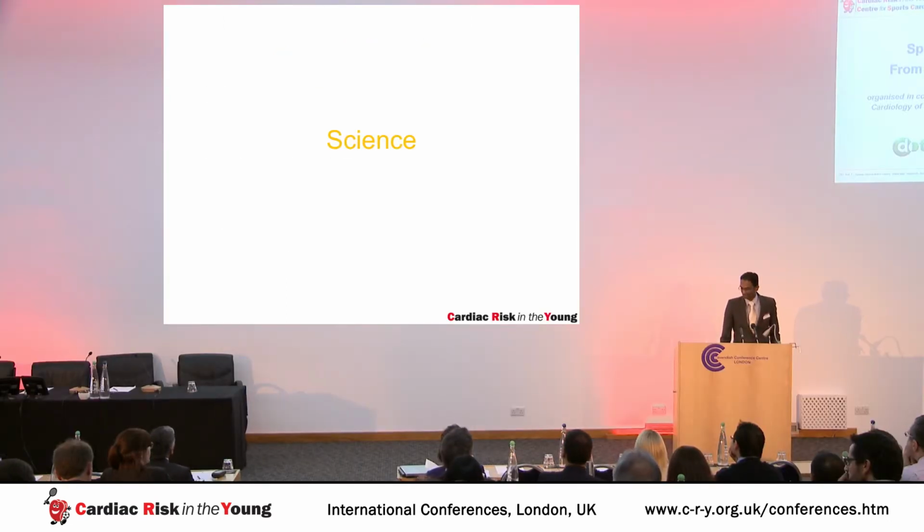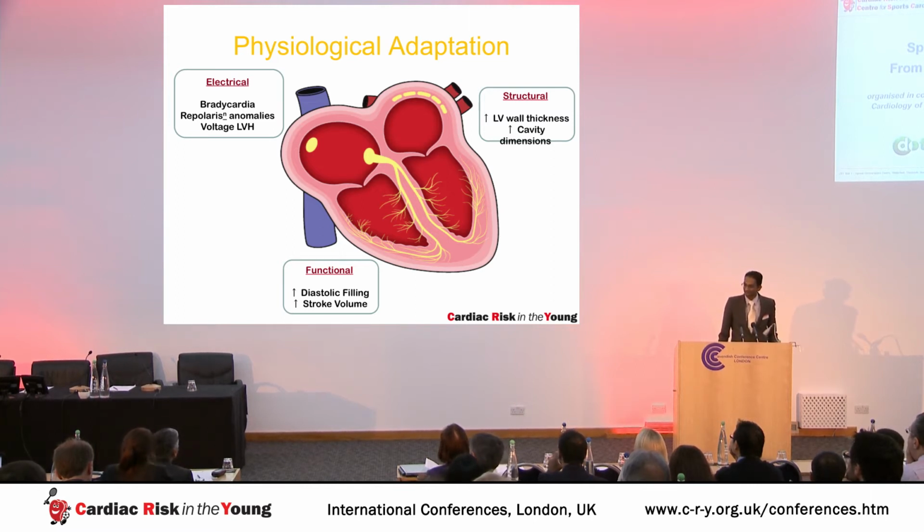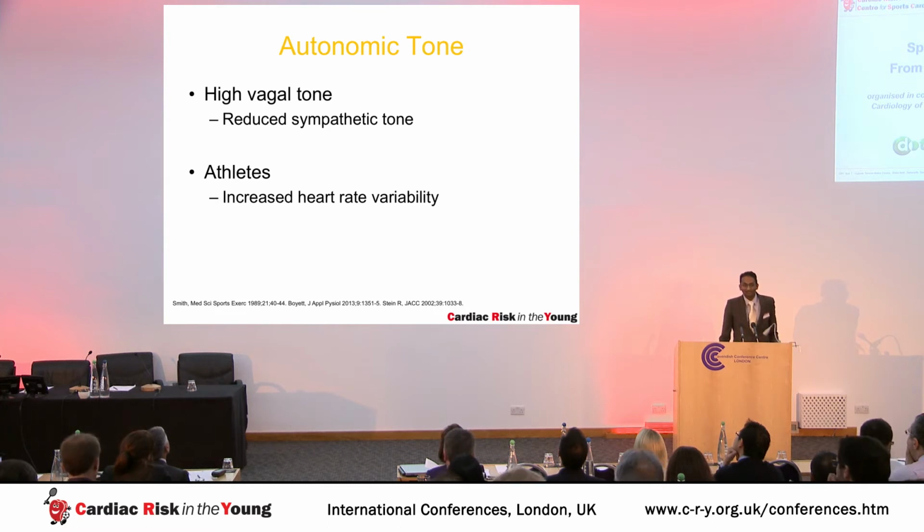So, firstly, the research. You've seen a slide like this earlier today. Essentially, we all recognize that electrical remodeling forms part of the spectrum of physiological adaptation in athletic training, and bradycardia is a manifestation of that. There are two main hypotheses that explain this bradycardia in athletes, and the oldest and perhaps most well-respected is that relating to autonomic tone.